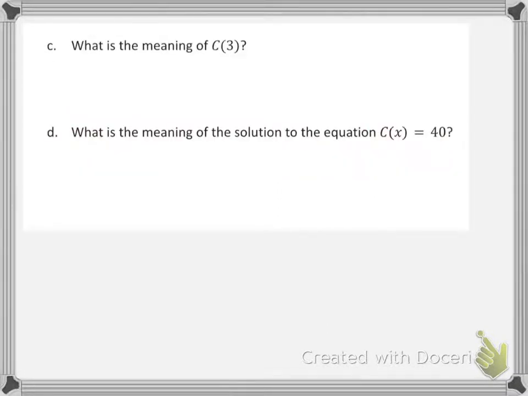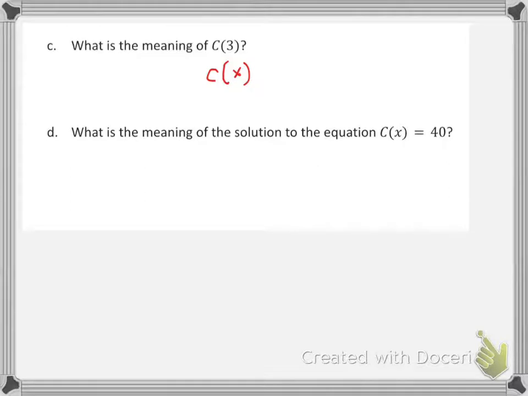Part C, what is the meaning of C of 3? Well, that means how much is it going to cost to make 3 scarves? What is the cost to make 3 scarves? Right, because that should be an x, right? This would be C of x. And since x is the number of scarves, what we're asking for is how much does it cost to make 3 scarves?